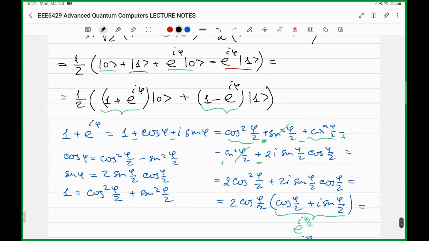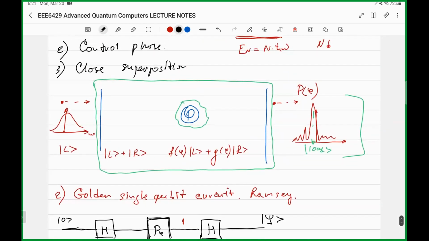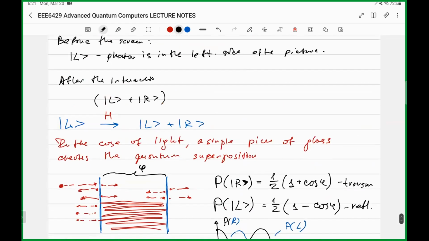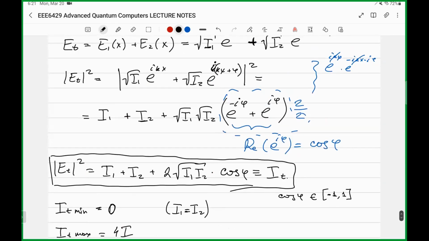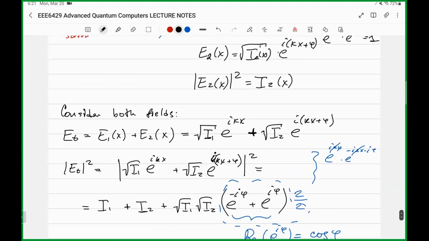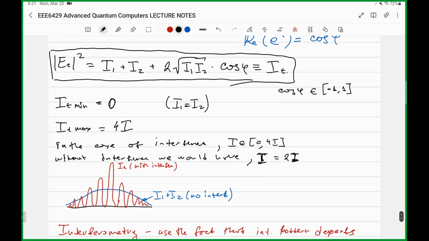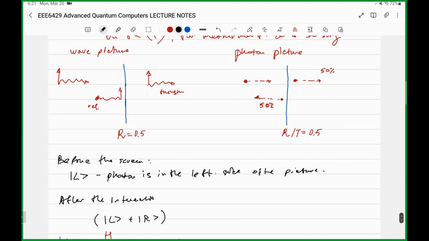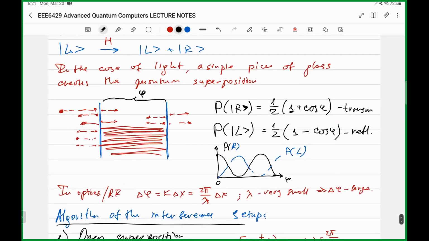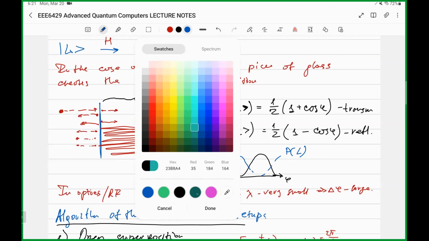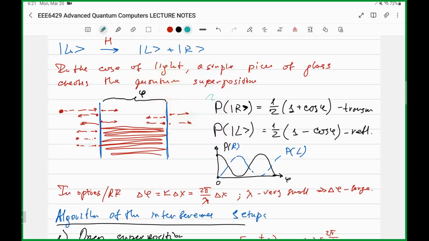So now we can return to our optical case in the beginning of the lecture, where it was here, right? I refer to these formulas here for the interferometer.